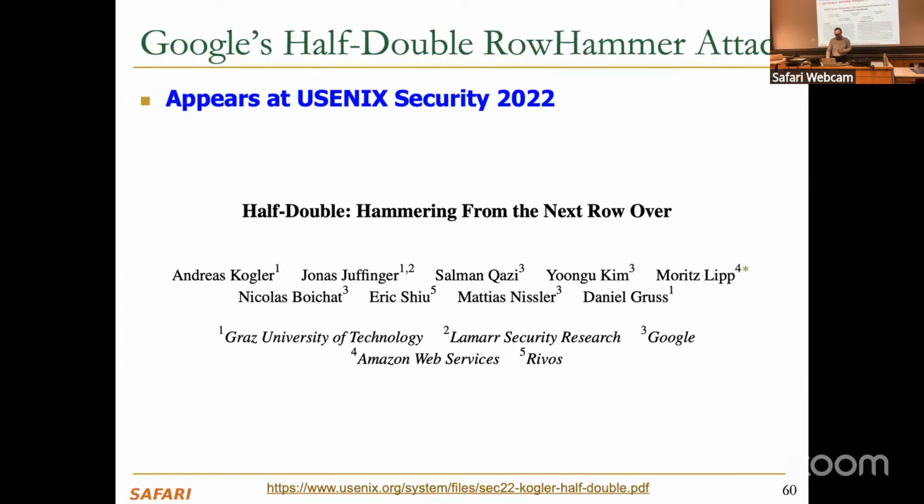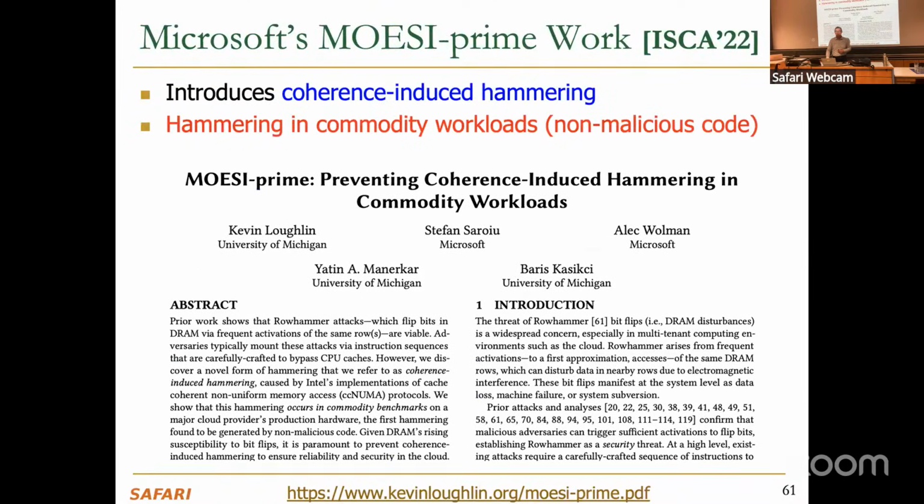Okay, so any questions? Okay, so Microsoft also did a lot of work in this area, and they also published a lot of works. This is one of the works that they published, which is also interesting. Here, they basically showed that, I'm not going to go through the details of this, but even non-malicious code can cause RowHammer attacks because of how the coherence protocol works.